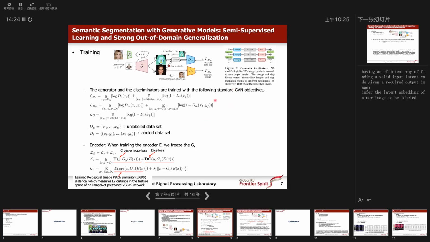Actually, the supervised loss is this part. It is just used to calculate on the labeled image. Okay.